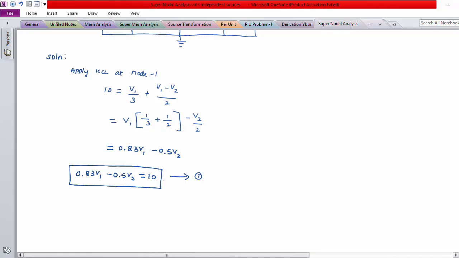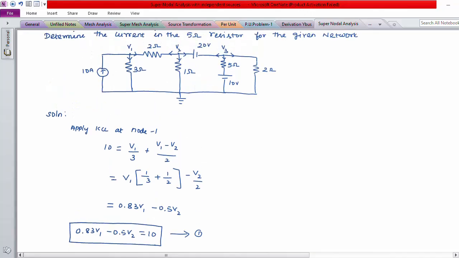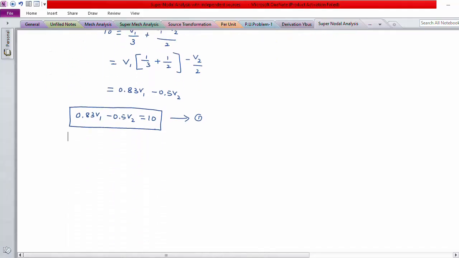Now we can apply the KCL for node 2 and node 3. Before applying the KCL, we have to check whether node 2 and node 3 form a supernode. So in the given circuit, node 2 and node 3 form a supernode. So by writing the equations for that node voltage, we have to eliminate the voltage source.